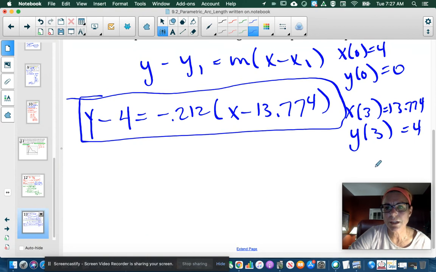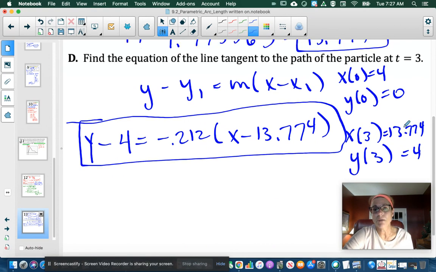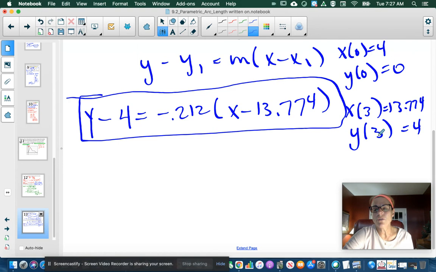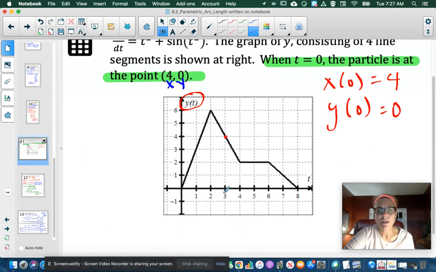It's right here. That's what I'm getting confused on. The position of the particle at t equals 3 is this. We just found that above. And we can find that the position of the particle when t equals 3, y is equal to 4. We got that from the graph.